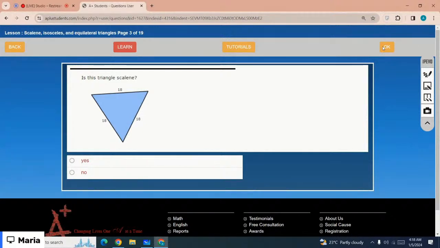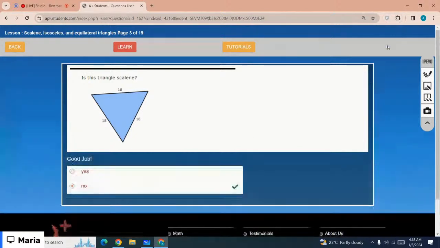The correct option is, this is not the scalene triangle because all three side lengths are equal. That is the equilateral triangle. So the correct option is no, this is not the scalene triangle.